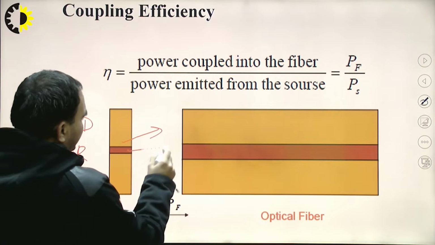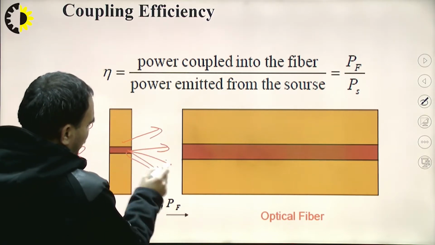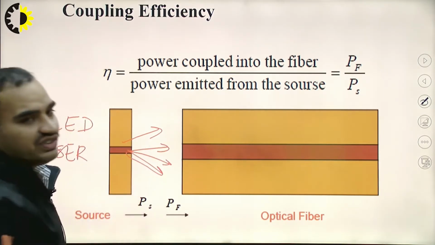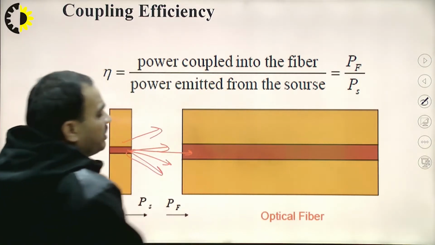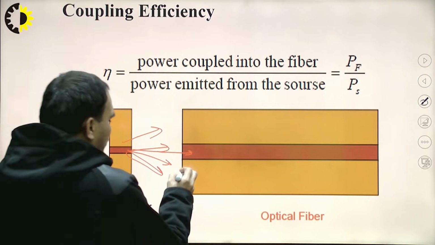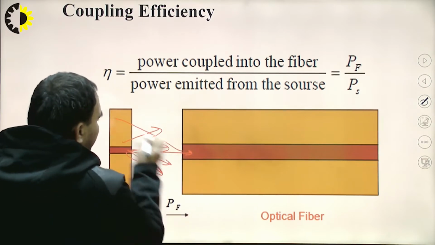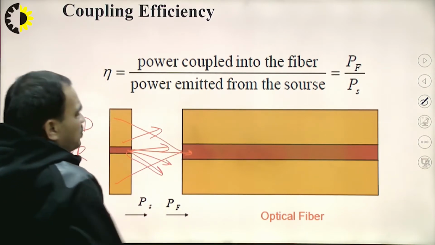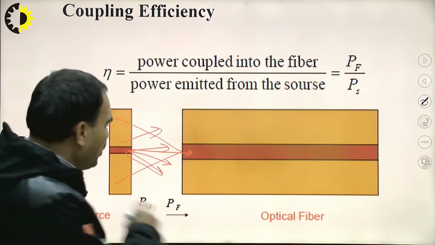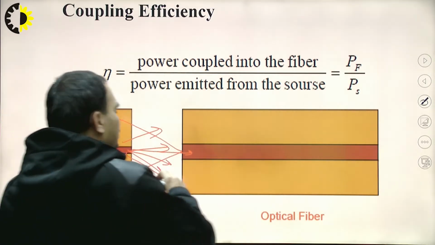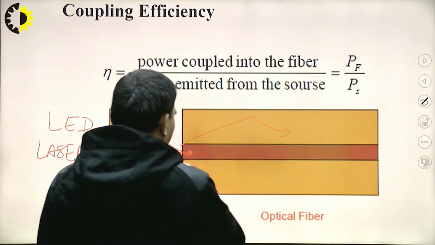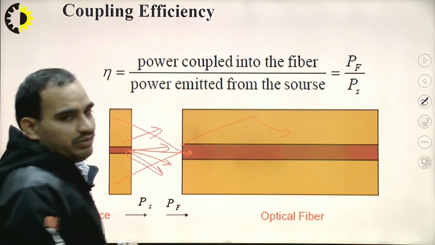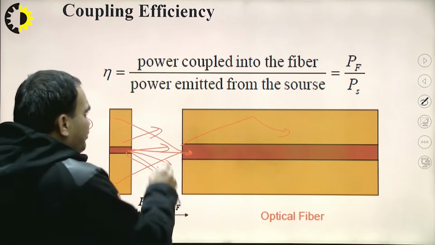Now light is generated, but not all the light generated by the source will enter the fiber, because the fiber itself has an acceptance cone. If light doesn't fall within the acceptance cone, it will be lost in the form of radiation. It will never enter the fiber. So there is a coupling efficiency.